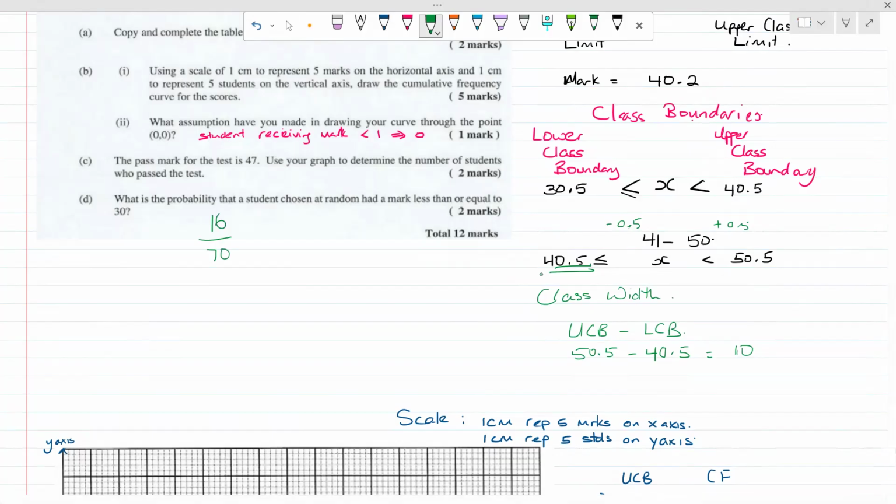So the total sample size is 70. The total number of students that would have a mark that is less than or equal to 30 is 16. And this is going to be our answer for the probability that somebody had a mark that is less than or equal to 30. Right? We could probably use X to talk about the mark, because our observation is usually in terms of X. Yeah, we okay with that?